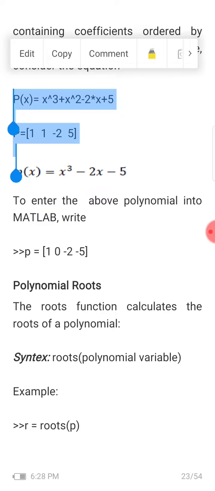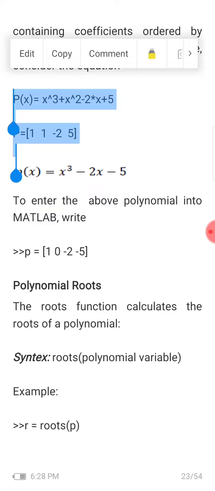minus 2x plus 5. So I can write the coefficients of this polynomial by, let it be p equal to, then within a square bracket I can write the coefficients from the highest order of x towards the least order of x. So here you can see x cube is the highest order and the coefficient of x cube is 1.